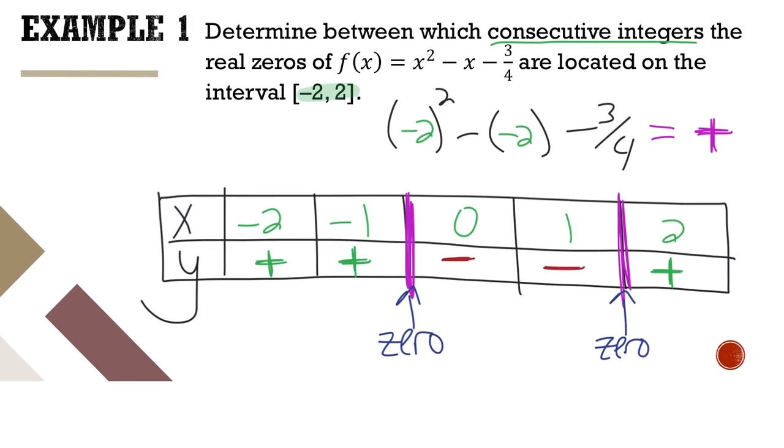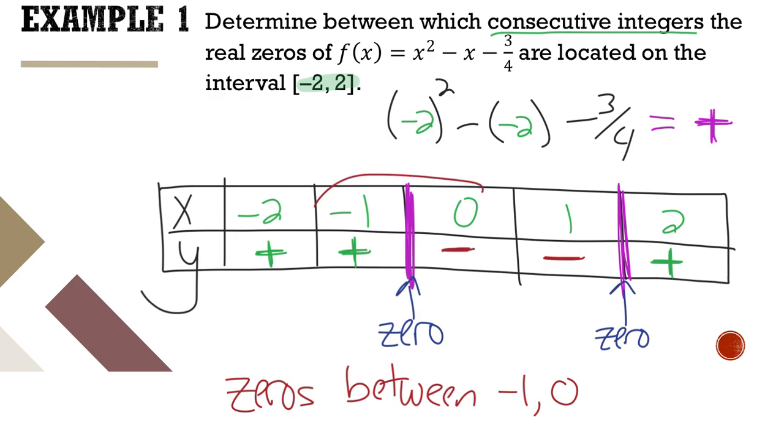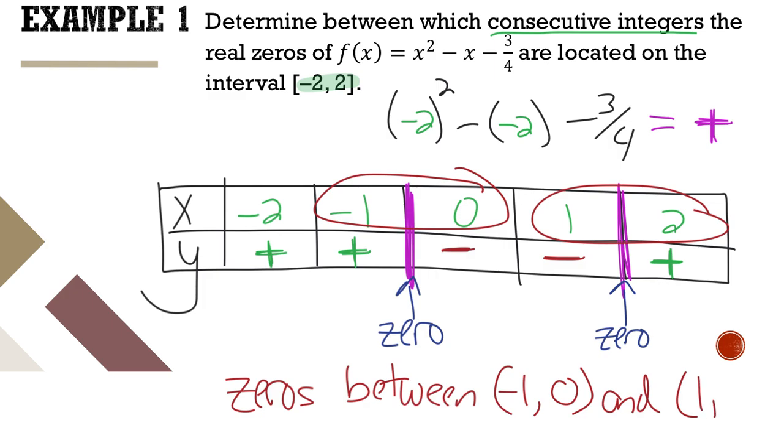So for my answers, there are zeros between -1 and 0, and between 1 and 2. We're not including the endpoints. So it's not at -1, it's not at 0, but it's somewhere in between there that I don't know what it is. Those are not points. Remember, that's interval notation, with a non-inclusive bracket.